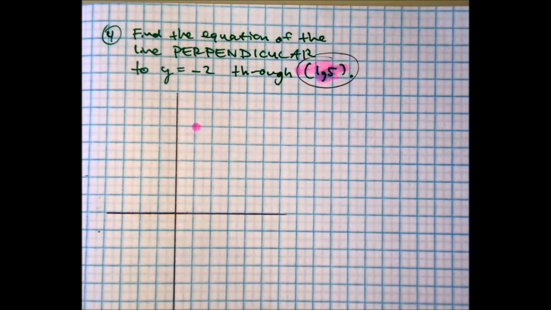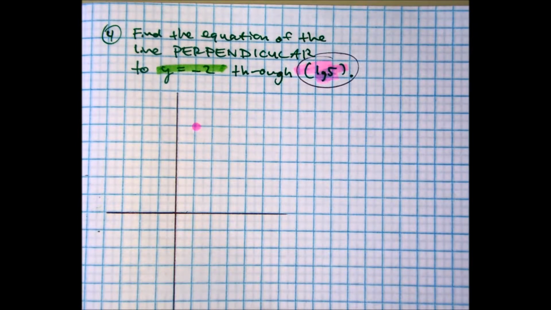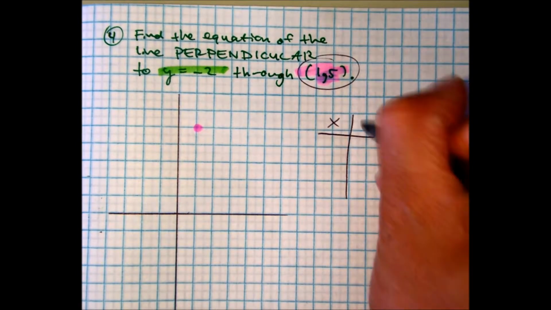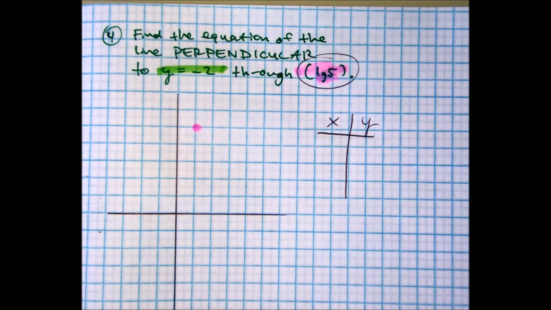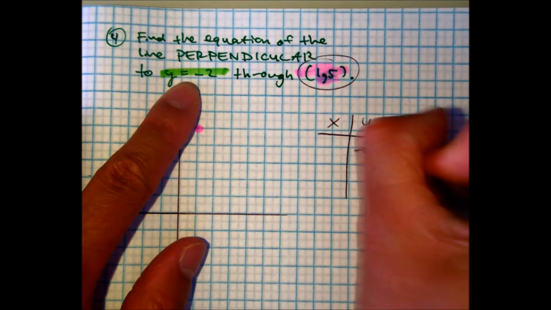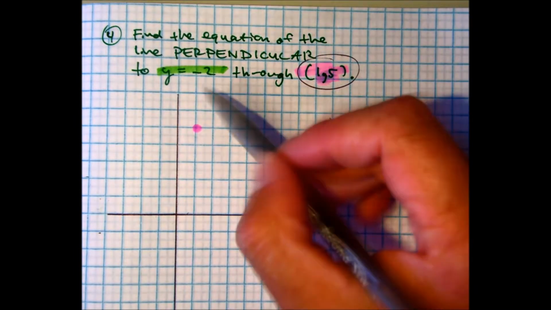The second part says y equals -2. Well, maybe you're not sure how to graph that. So if you make a table of values, it tells you all your y values are what? -2. And you make up the x values, because there is no x value, right?